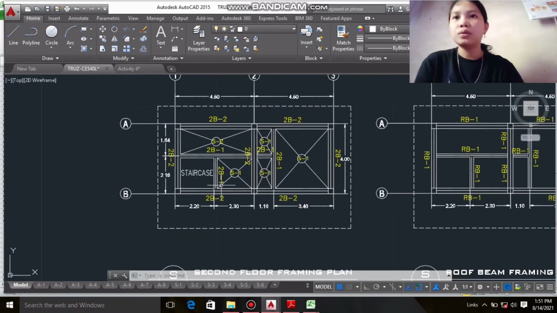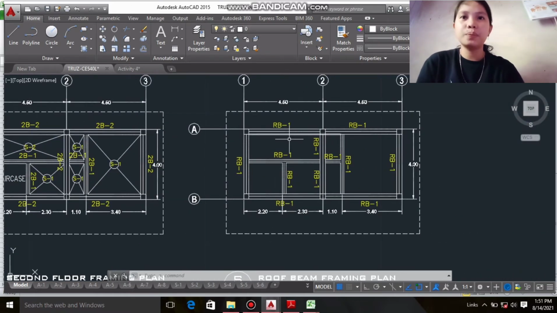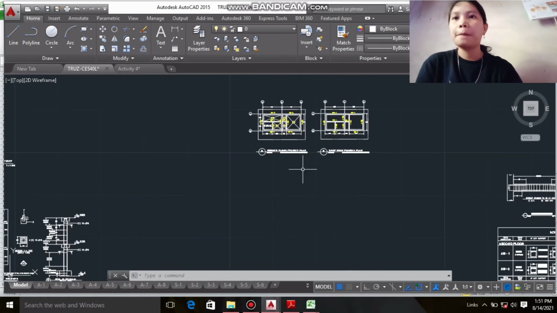So there are two categories or groups, which is beam 1 and beam 2. And for the roof beam, just one.